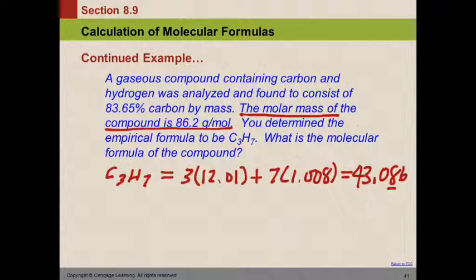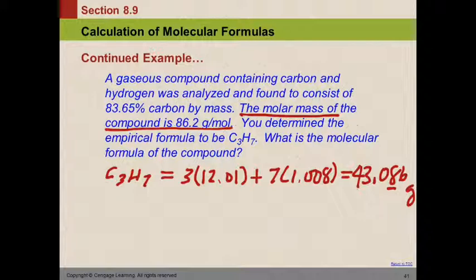That's an extra digit, and that's grams. So 1 mole of C3H7 weighs 43.086 grams. But 1 mole of the actual formula is 86.2 grams. So, double it.